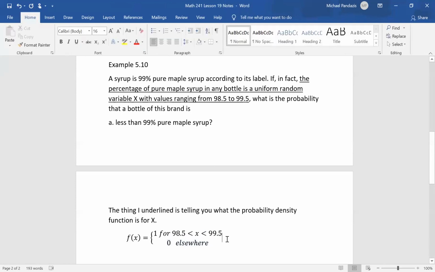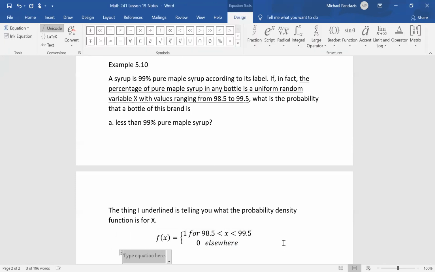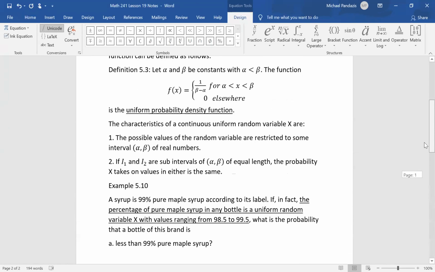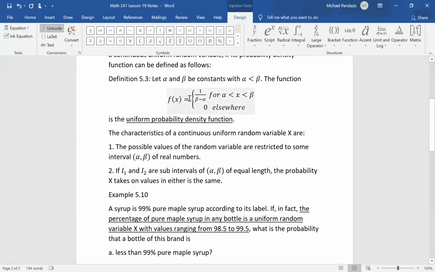Okay, so how did I get this PDF for this variable? Well, here, alpha is 98.5. Beta is 99.5, right? And from the definition above, f of x is equal to this.